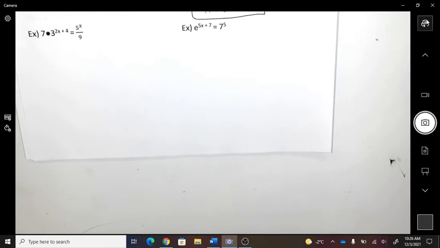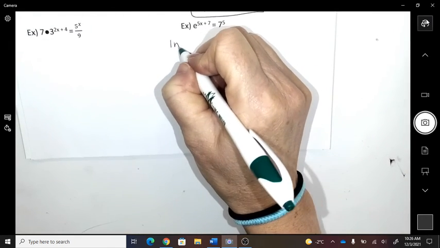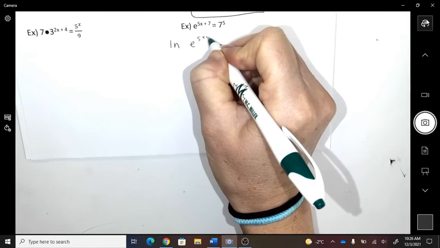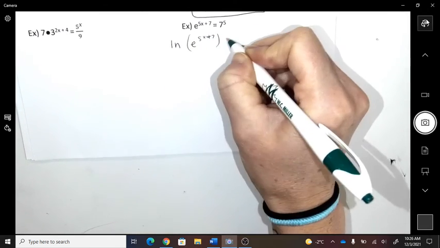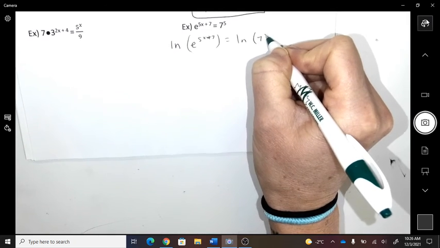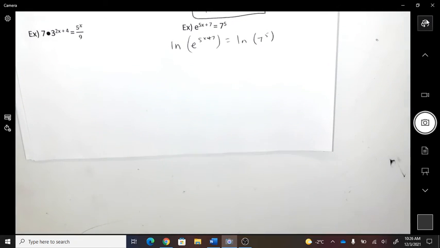Instead of logging both sides, I'm going to natural log both sides. ln means the natural log. And why did I pick that? Because natural log uses a base of e. And if I saw an e, well, I'm going to natural log it.